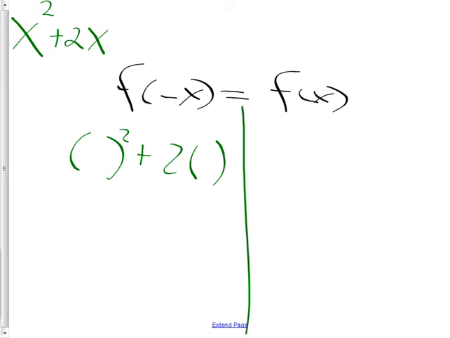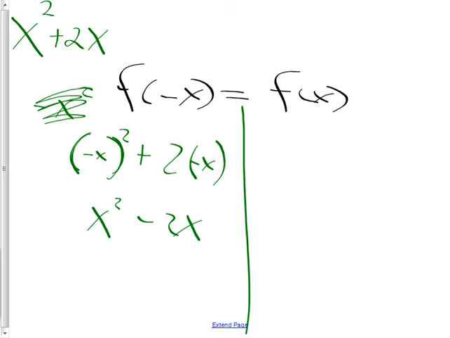Now I'm going to drop in negative x, and since it's in parentheses, see, I keep saying those are important. This is one of those times, because if it wasn't in parentheses, then this would already be done. It'd be negative x squared, but it's in parentheses. So the negative times negative will have to happen, so therefore it's going to be positive x squared. And then this 2 times negative x makes minus 2x.